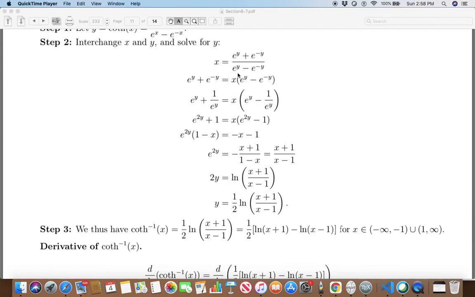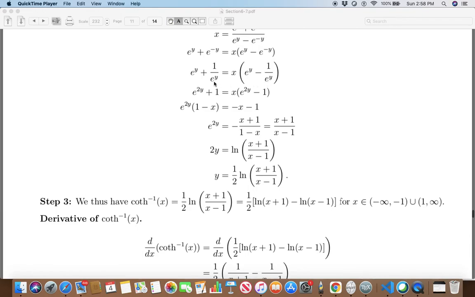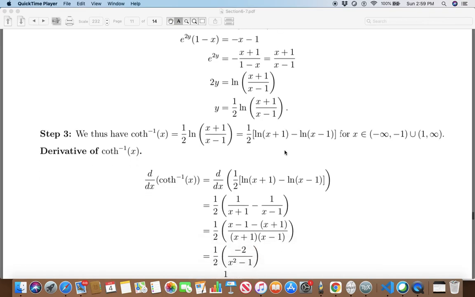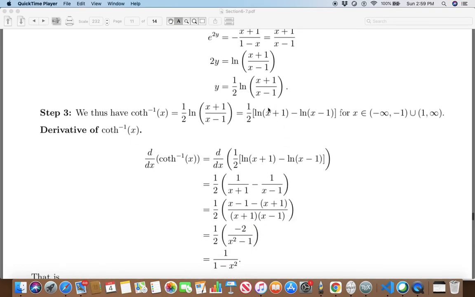You go through this procedure: cross multiply, clear the denominators, get the e raised to 2y terms together, and eventually divide by the coefficient. So if I flip these two, the minus is gone. So y is half the natural log of (x plus 1) by (x minus 1).